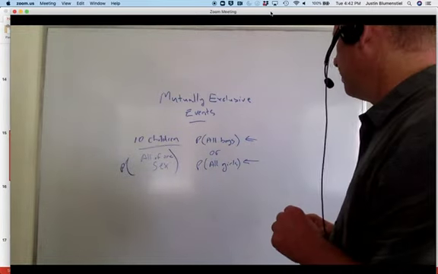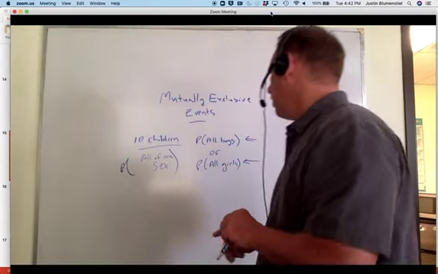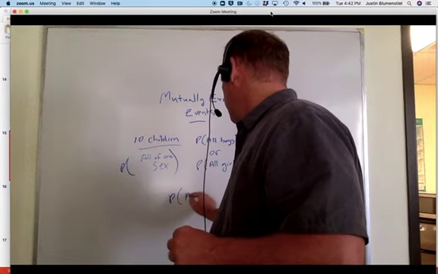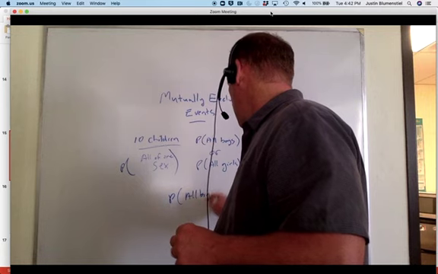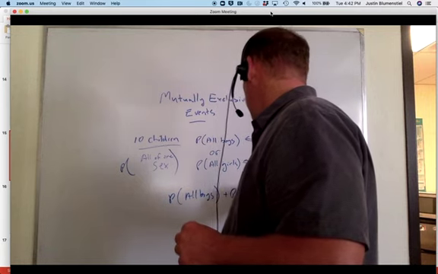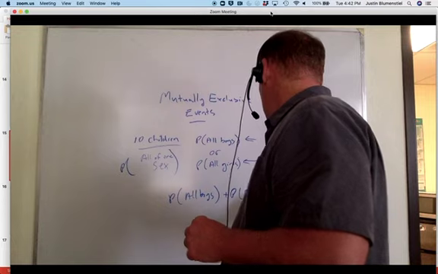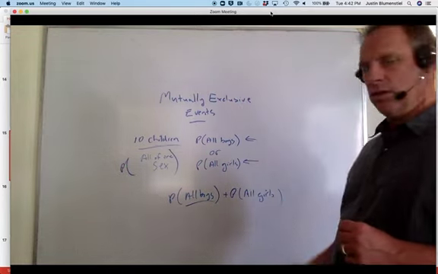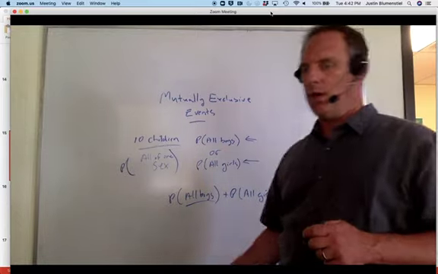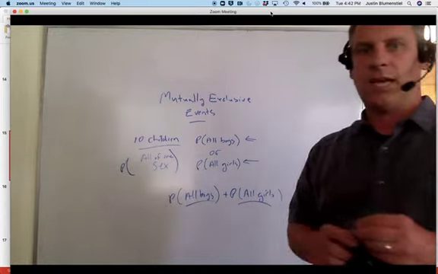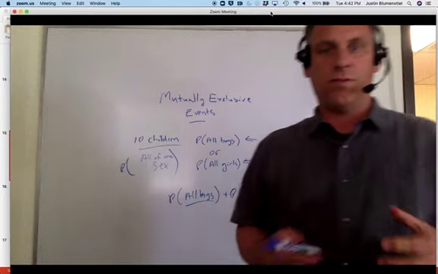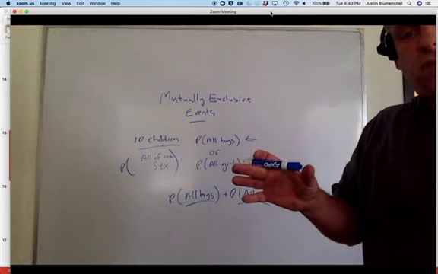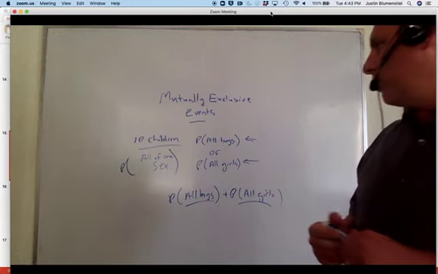So, for example, the probability of all of one sex is simply equal to the probability that all are boys plus the probability that all are girls. And that's because if you are all boys, you're definitely not all girls, and if you are all girls, then you're definitely not all boys. Those things can't be happening at the same time. So if you break down a composite probability into subparts that are all mutually exclusive, you can add them up.